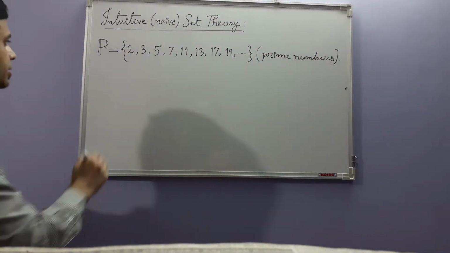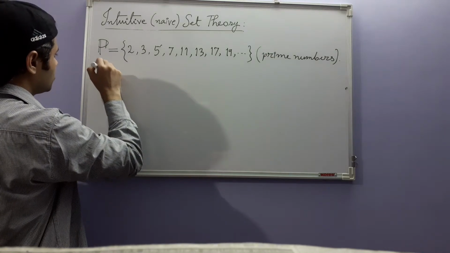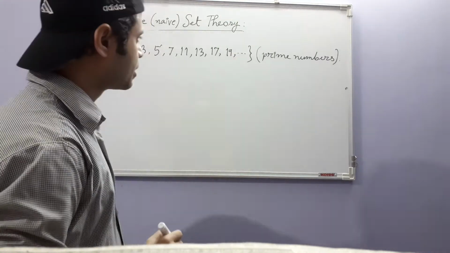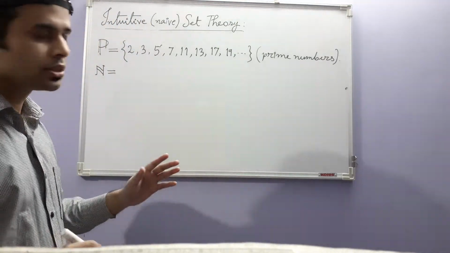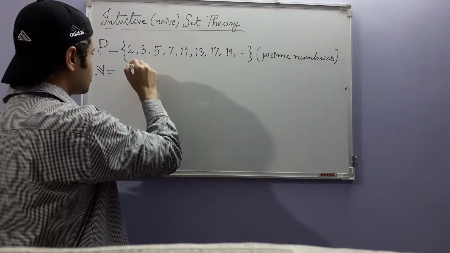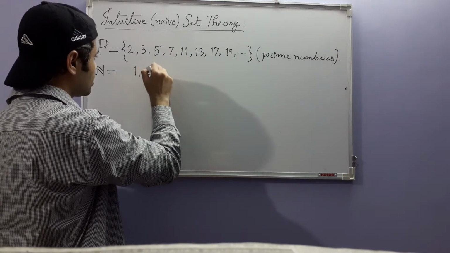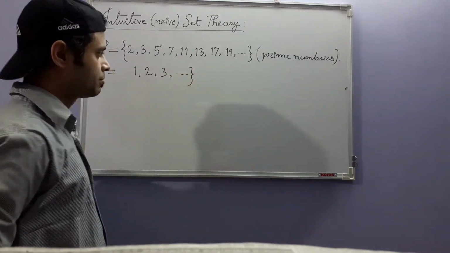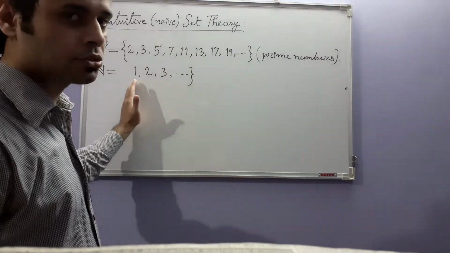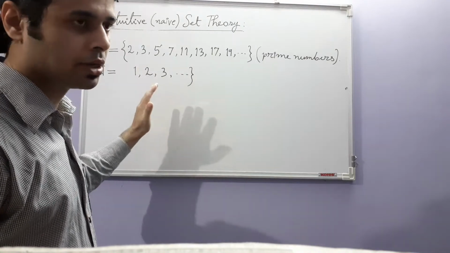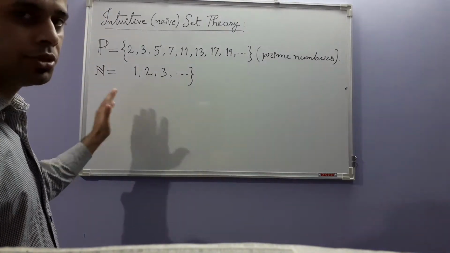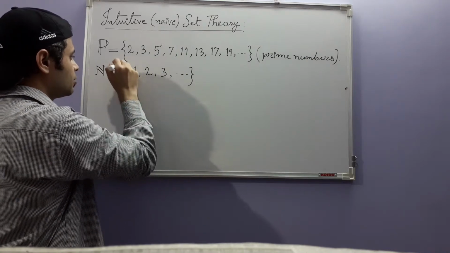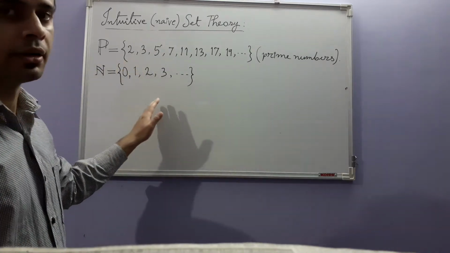Then after this set, we have the set of natural numbers. Now when it comes to natural numbers, the old usage is to consider the positive integers. Only the positive integers were considered to be natural numbers. But according to new usage, 0 is also included in this set.